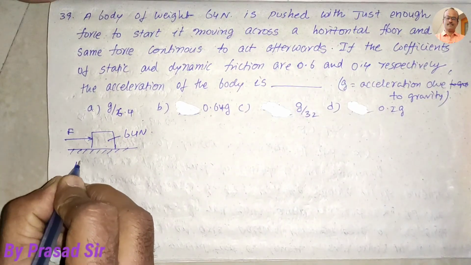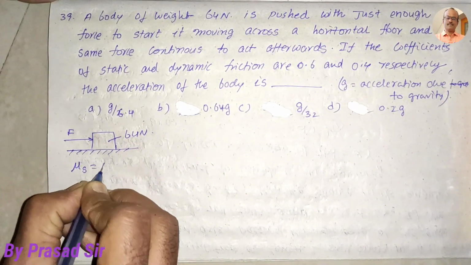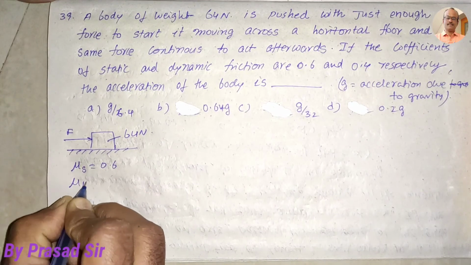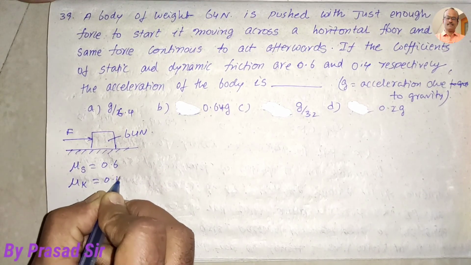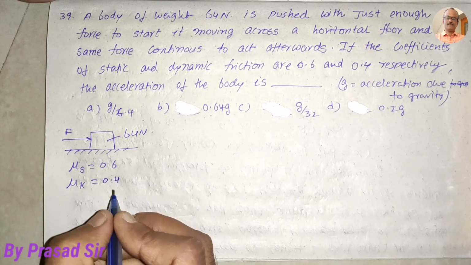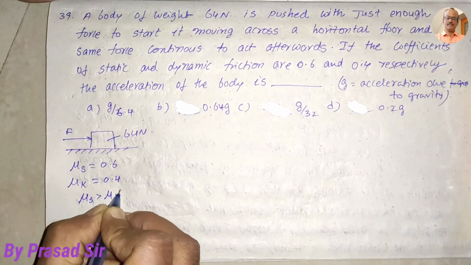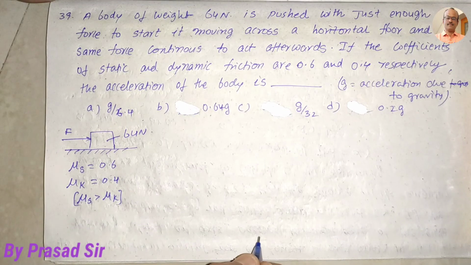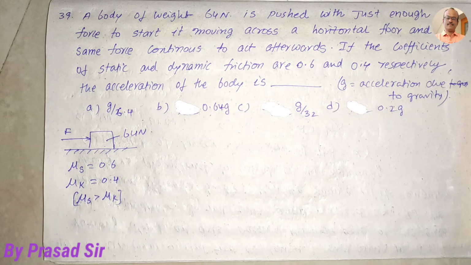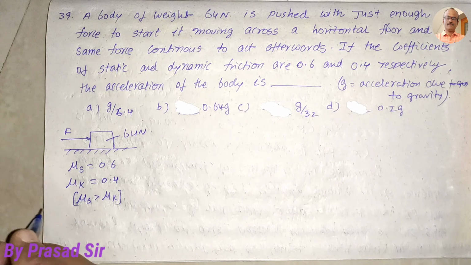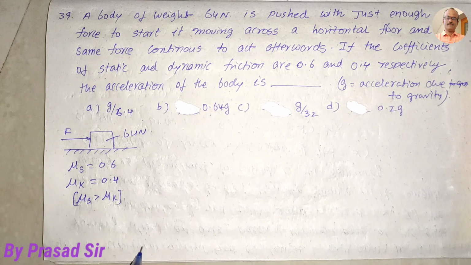The coefficient of static friction is given as 0.6 and the coefficient of kinetic friction is given as 0.4. One thing we have to remember is that the coefficient of static friction is always greater than the coefficient of kinetic friction. This is very, very important. Then they gave one condition: a body of weight 64 newtons is pushed with just enough force to start it moving across the horizontal floor.